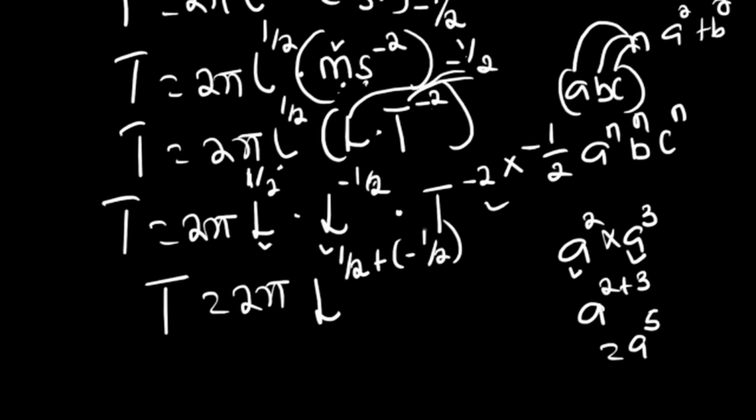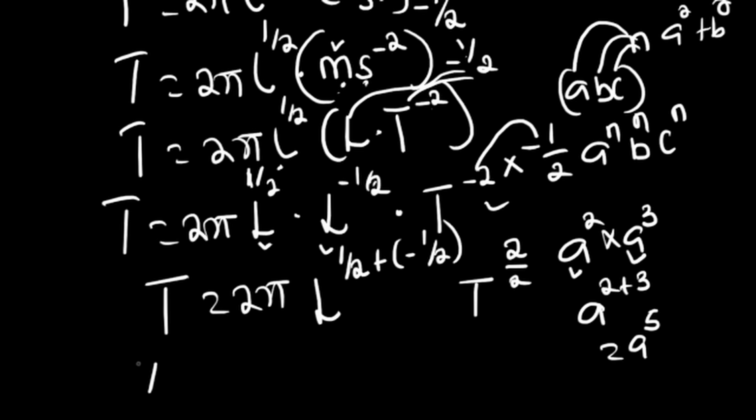Now, the next thing that we're going to do is to work on the T. For the T here, we have negative 2 times negative half. So let's now do that. We have a T here. So negative 2 times negative 1 gives you a 2, a positive 2 over 2. All right?